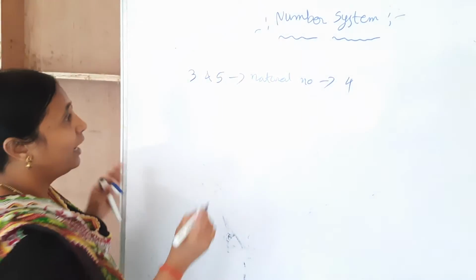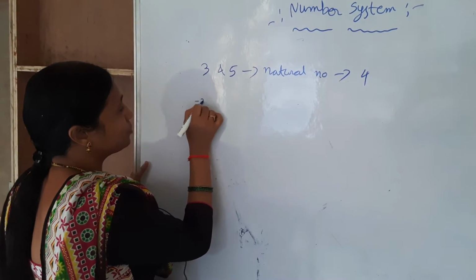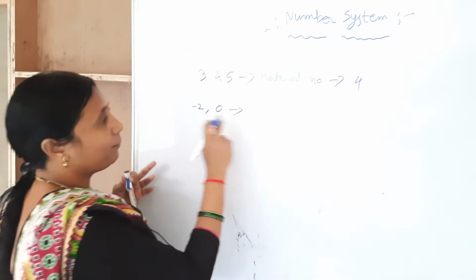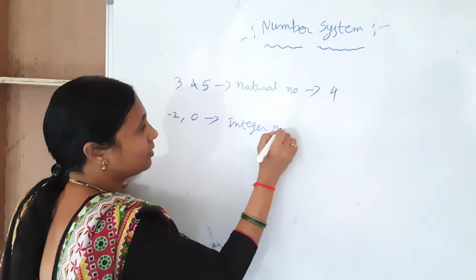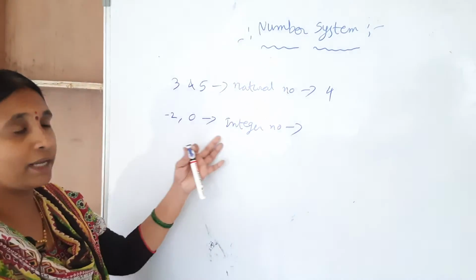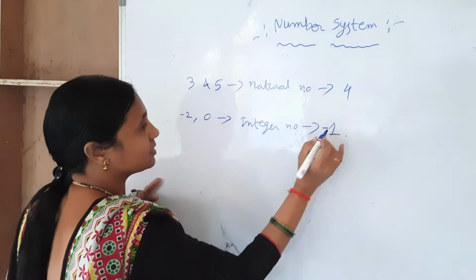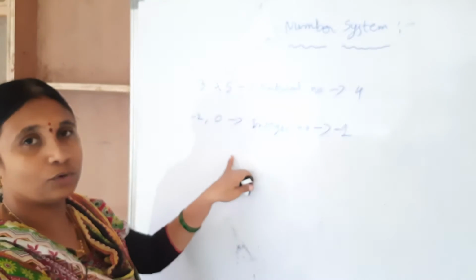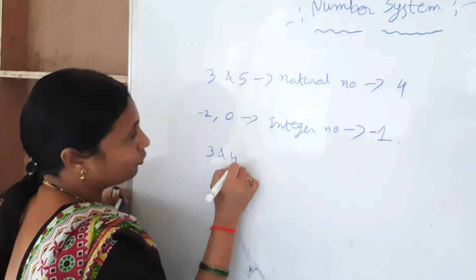Next I am taking another pair, -2 and 0. What is the integer between these two? Here -1 is the integer between -2 and 0. Next I am taking another pair, 3 and 4.